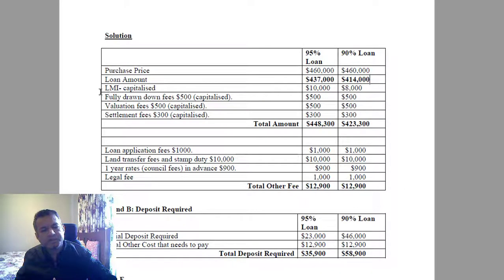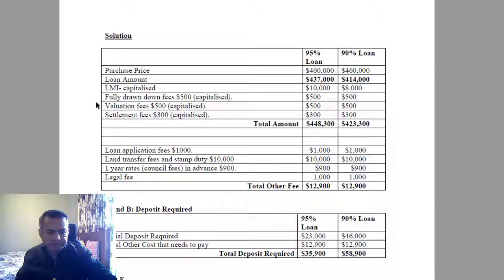LMI in both cases will be capitalized. So at 95% loan, LMI will be $10,000, and at 90% loan, LMI will be $8,000.